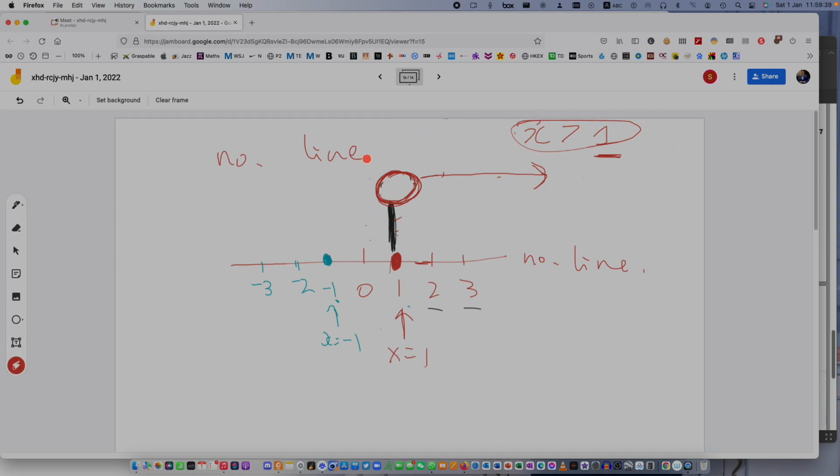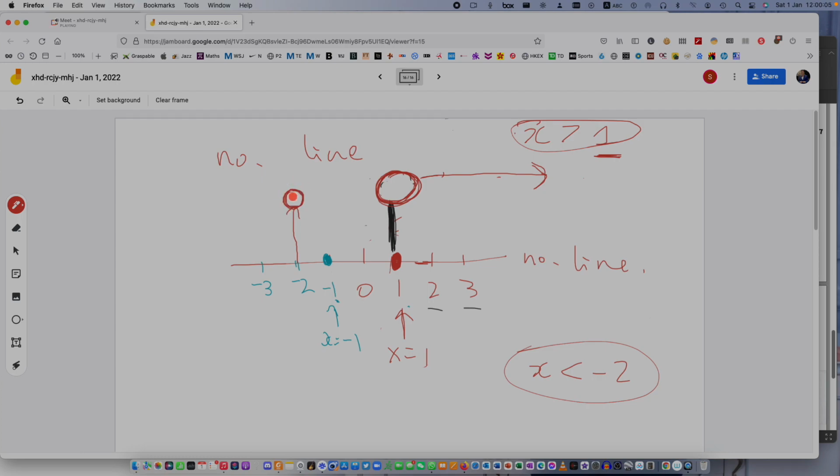Are you clear? Okay, let me do one more. What if I ask you x smaller than negative 2? Where's negative 2? Here's negative 2, right? Can you see here's negative 2? Since there's no equal sign, it's a hollow dot.